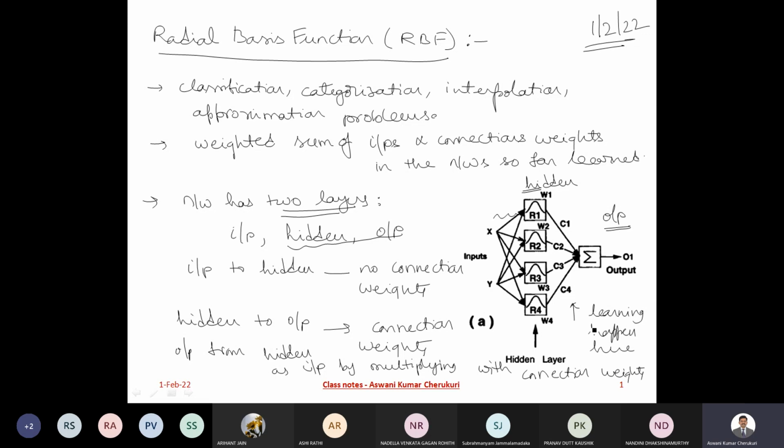So the outputs from your hidden nodes, W1, W2, W3 and W4, are multiplied with the corresponding connection weights, and that goes as the cumulative input to the output neuron. Is that clear? Yes, sir. So this is how the network works.